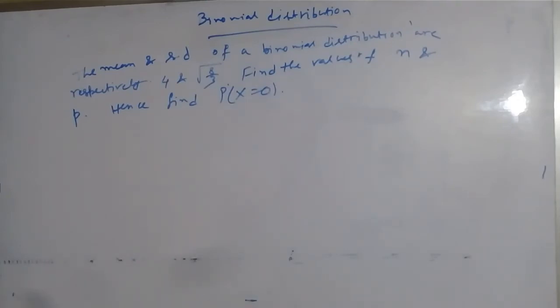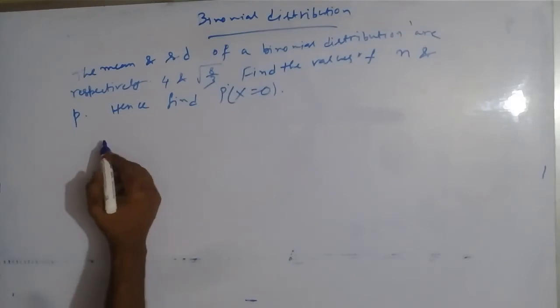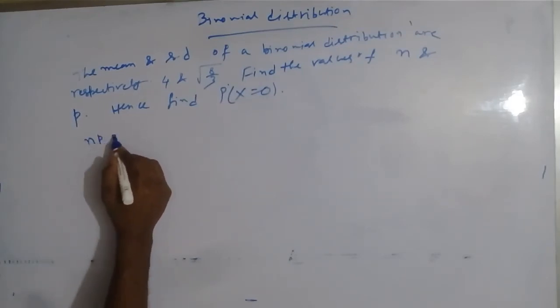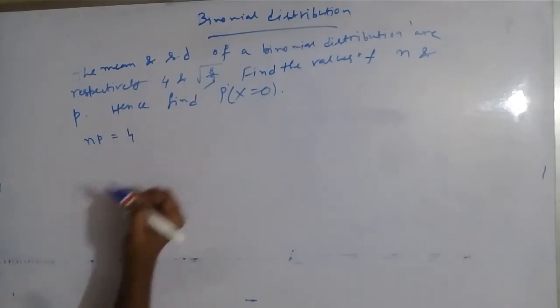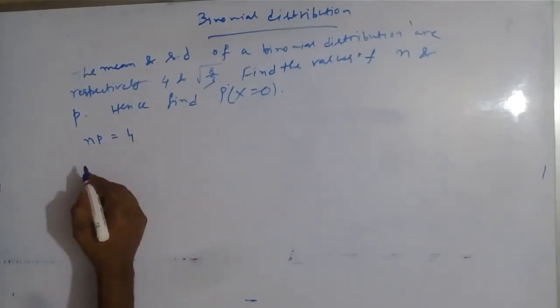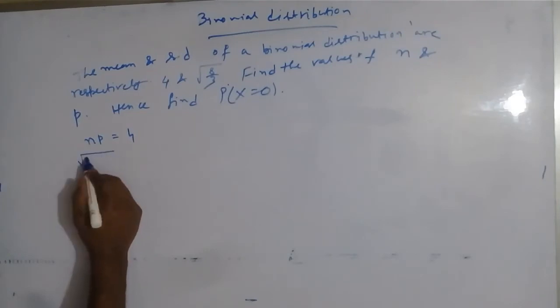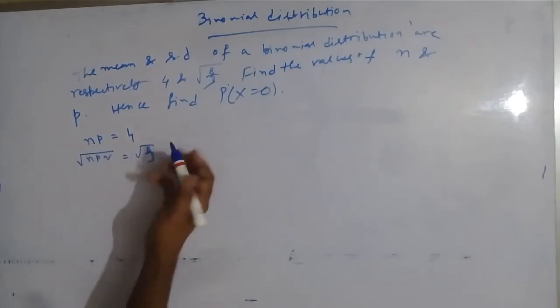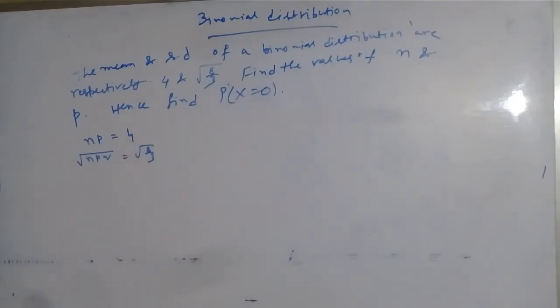So this is a very simple problem of binomial distribution. I'll solve it now. See that the mean and standard deviation of this distribution have been given, and we know that the mean of binomial distribution is np. So np here is given as 4, and standard deviation, that is root over npq, is given as root over 8/3. So we have to find the values of n and p.